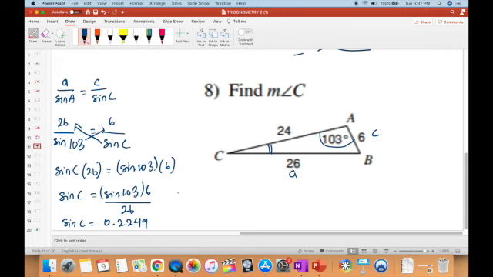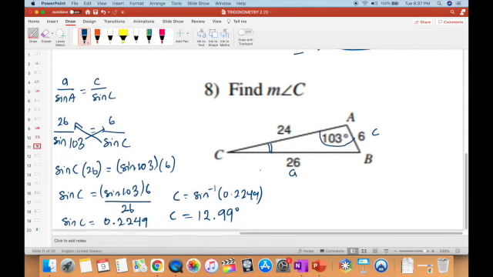So therefore C is the sine inverse of 0.2249. C gives us 12.99, and it looks 12-ish. It definitely looks 12.